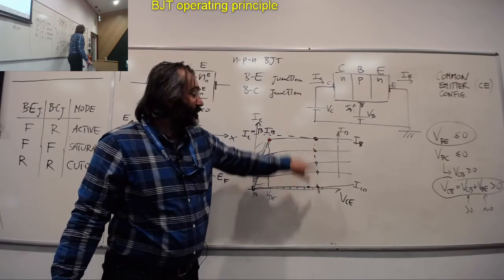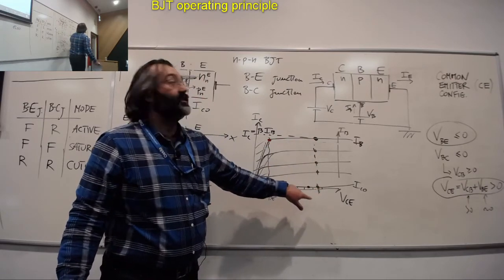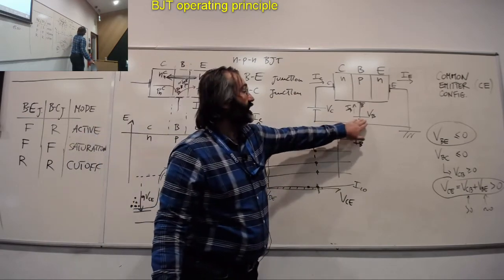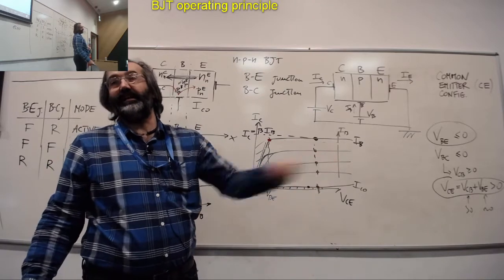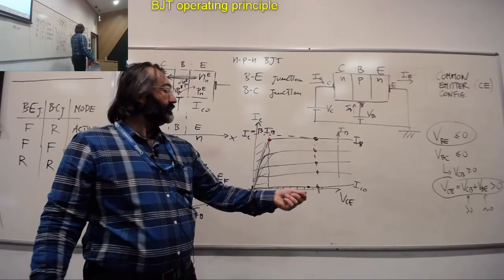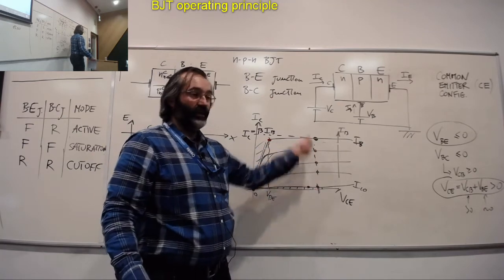Okay, so that's a nice way to make a switch, by just operating on the base, either IB, there is IB, there isn't IB. I can pass IC, a large IC, or nothing.